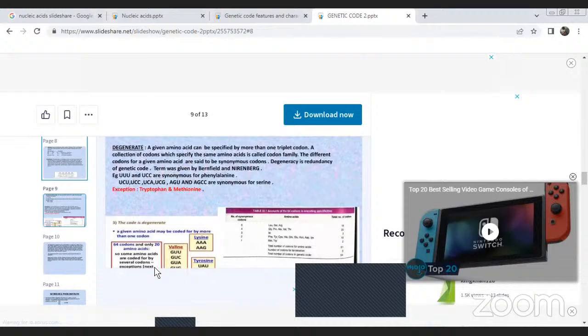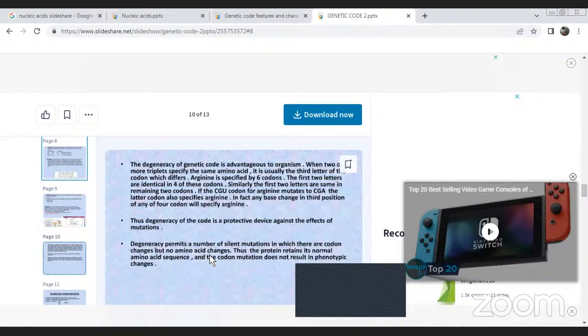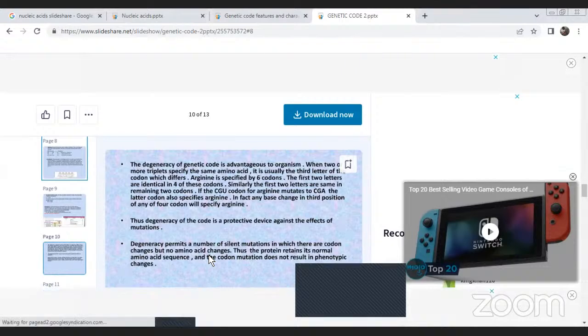The codons are degenerate, non-overlapping. The degeneracy of the genetic code is an advantage to the organism when two or more triplets specify an amino acid. Usually it is the third letter of the triplet codon which differs. For example, arginine is specified by six codons. The first two letters are identical for four of these codons.